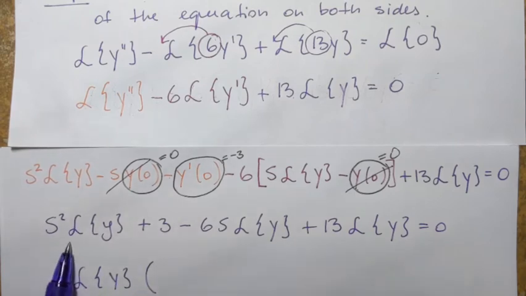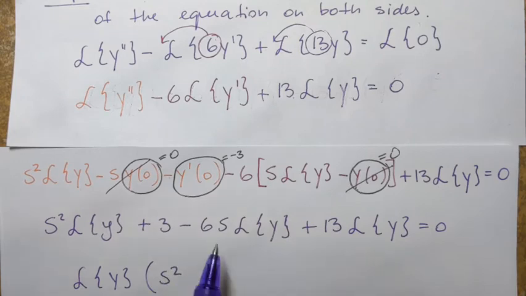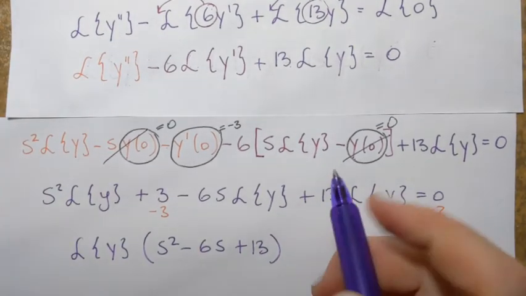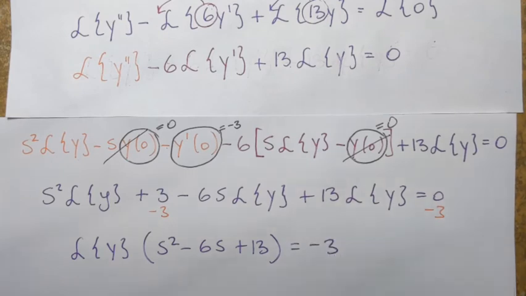Let's see what's going to be left from each term. So if I factor out the Laplace transform here, I'm going to have s squared left. From here, we're going to have -6s. From here, we're going to have +13. And we already talked about how we're going to subtract 3 from each side. So that means that I have -3 on the right hand side.